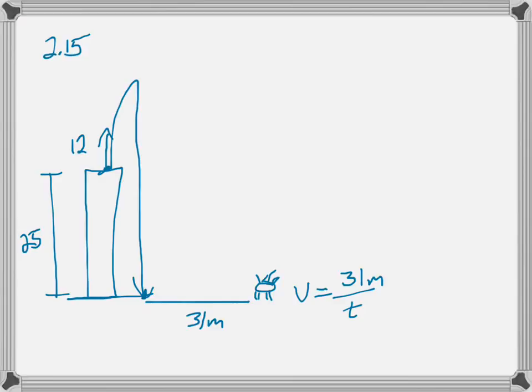So we can use the equation D equals 1/2 AT squared plus ViT.